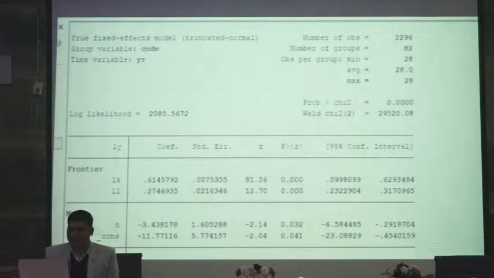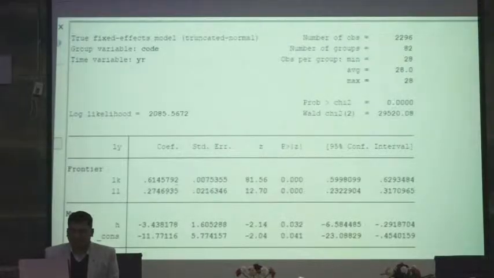Now you can check this one. This is the stochastic frontier model. You can check the impact of each and every variable on the dependent variable. Your dependent variable is Ly, and your independent variables are these.